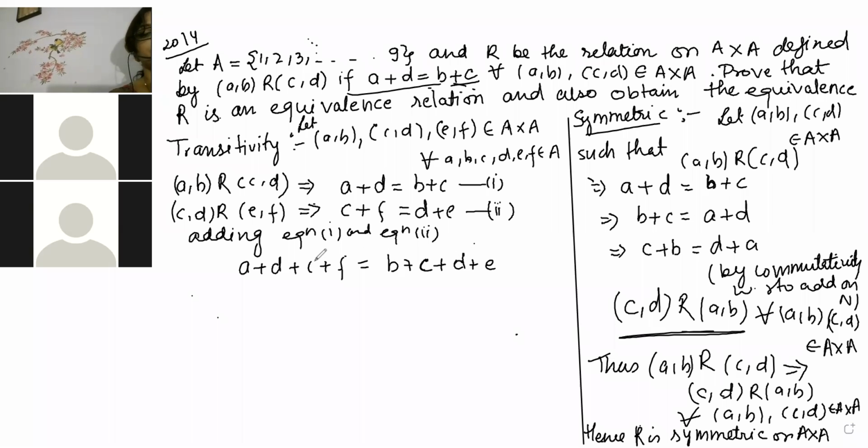Now which ones can get cancelled? c and c will get cancelled, d and d will get cancelled. Now what is coming? a plus f is equal to b plus e.